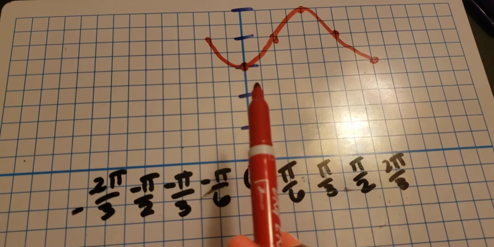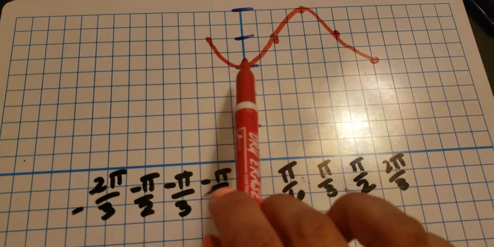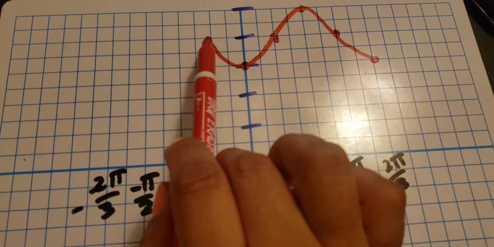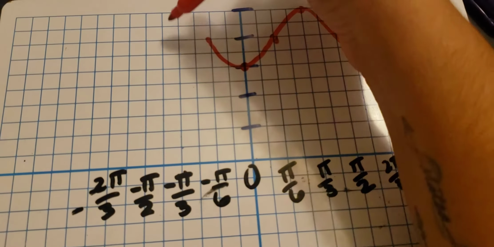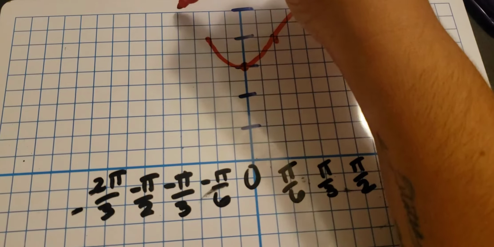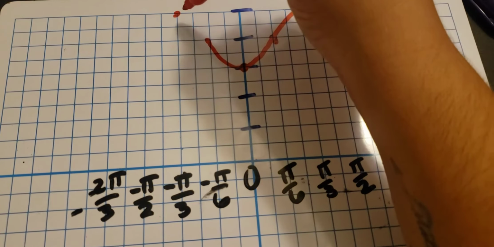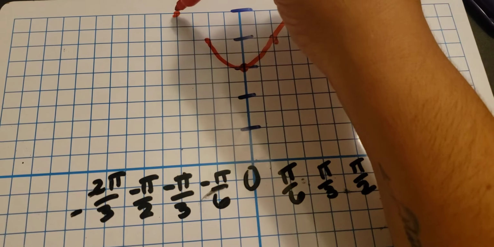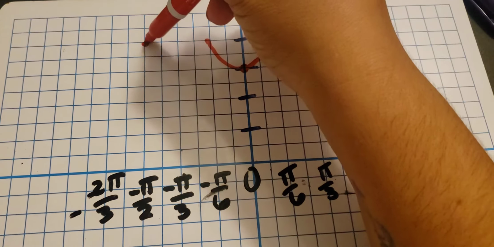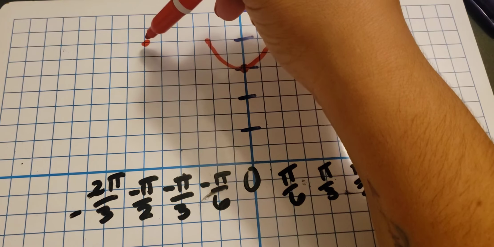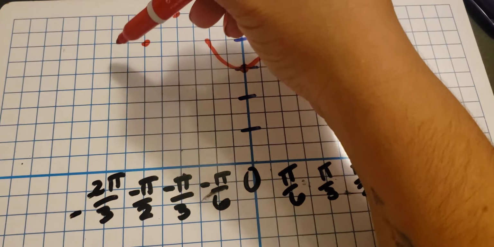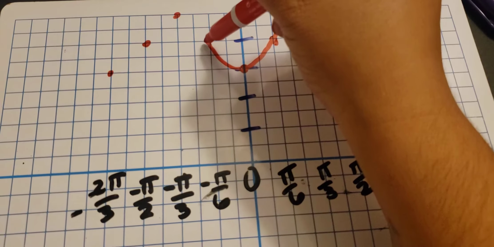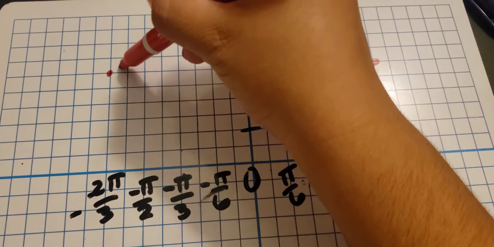We started at 3 and then 4, and then our next one is going to be 5, and then our next one will be 4. So 4 would be here, and then our next one will be 3. So 3 would be here. Basically it'll look like this.